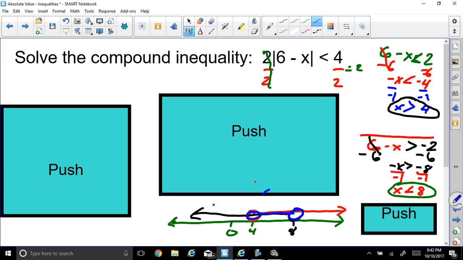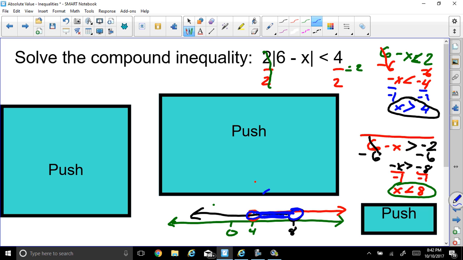There is your intersection. So when you have an intersection, as we mentioned in class, that is an "and". So it's a compound inequality joined by the word "and", and these are your solution sets for both of those compound inequalities, not including 4 and not including 8.